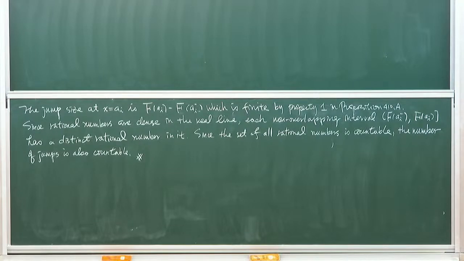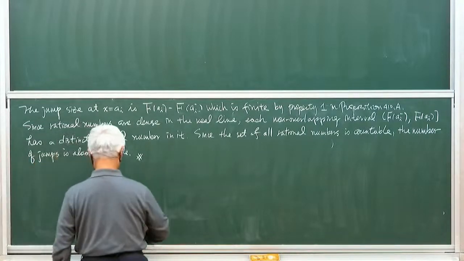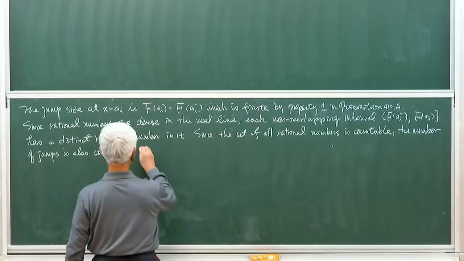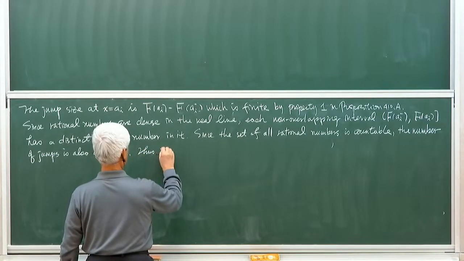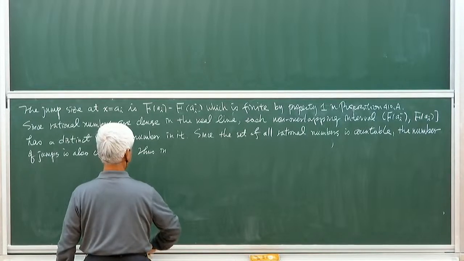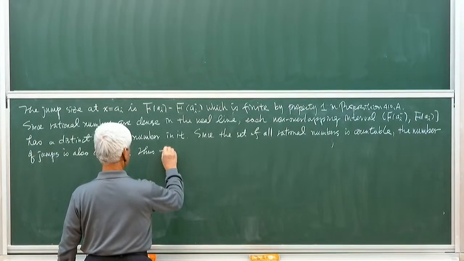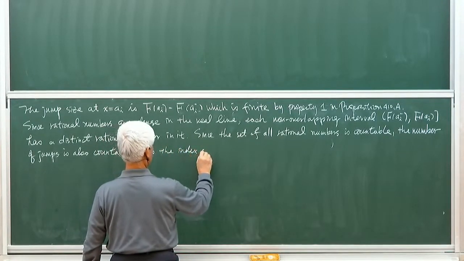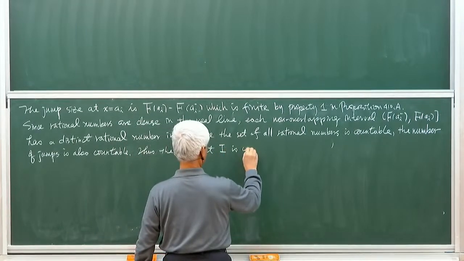So the number of non-overlapping intervals is countable, and each non-overlapping interval corresponds to a point of discontinuity. So the number of points of discontinuity, the index set I, is countable.